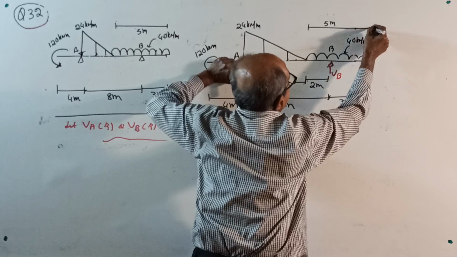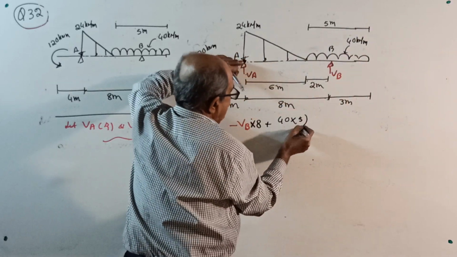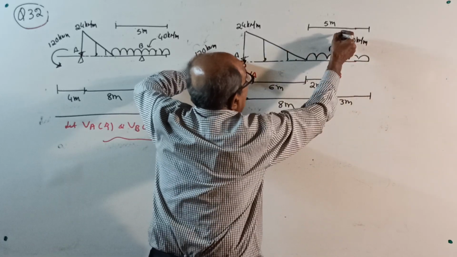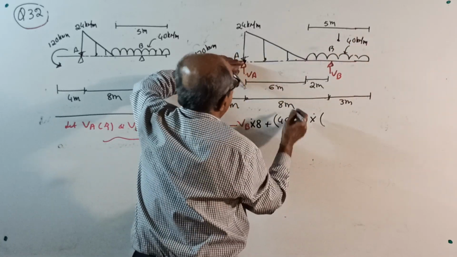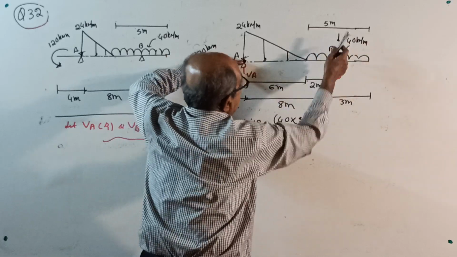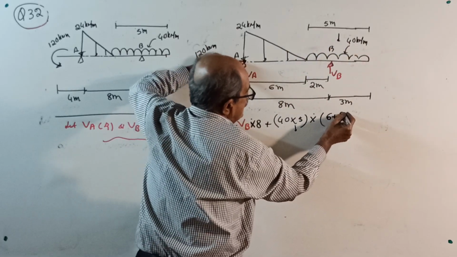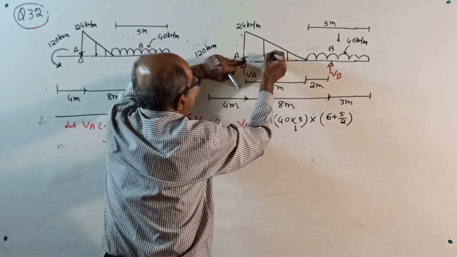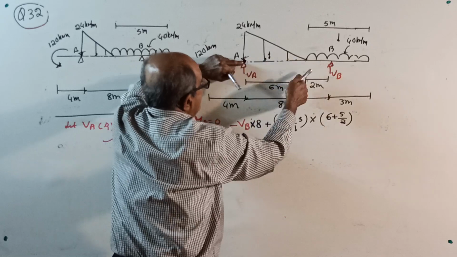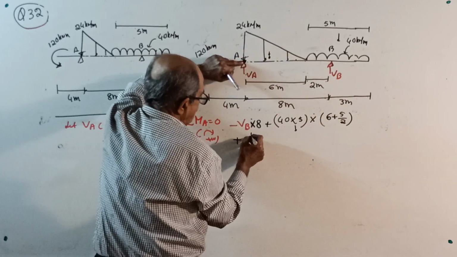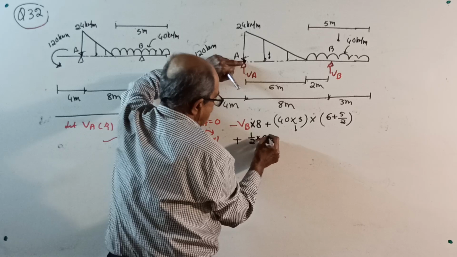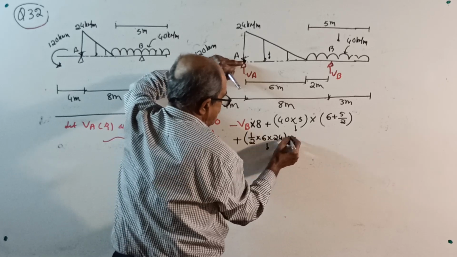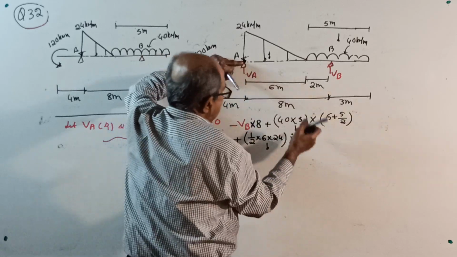I should go up here, okay, 5 meter. 40 into 5 is the total load, clockwise, into, the total load will act through the center, so 6 plus 5 by 2. 6 plus 5 by 2, clockwise. Again plus, this total load will act here: half into 6 into 24 is the total load, multiplied by 1/3 of 6.